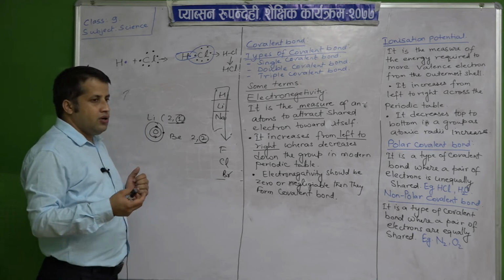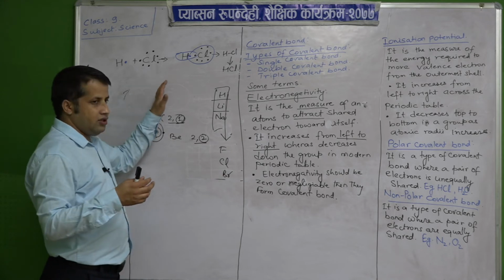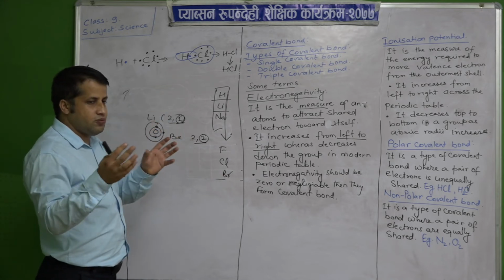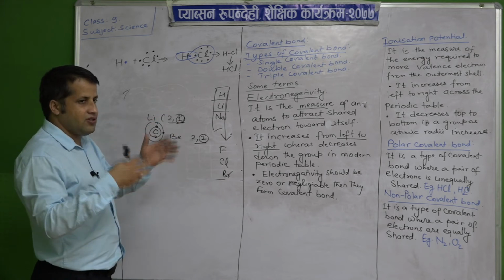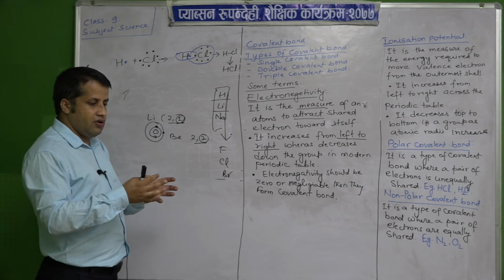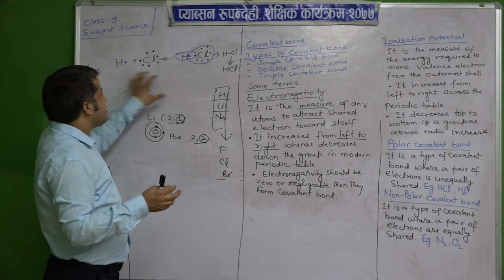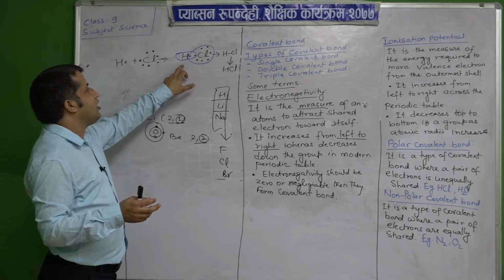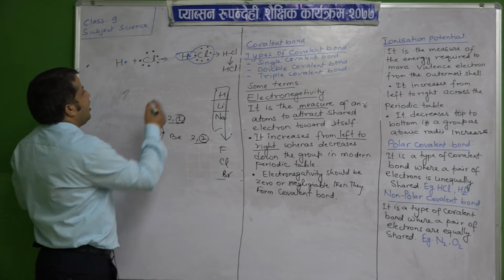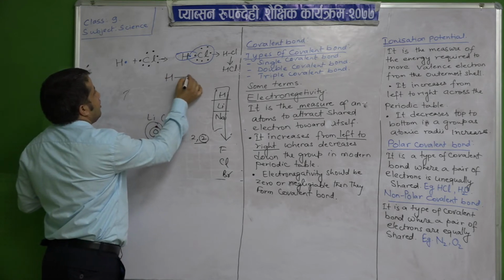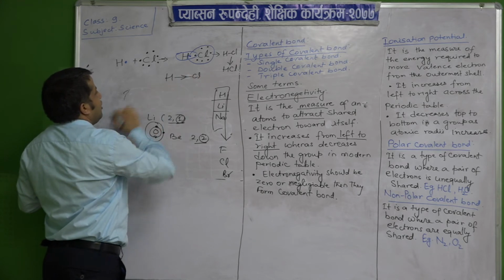Hydrogen fluoride is much easier to explain, as hydrogen and fluorine have a similar number of electron shells. But in this case also, the electronegativity of hydrogen is much less compared to chlorine. Then what will happen? The hydrogen electron slightly tends toward the chlorine.